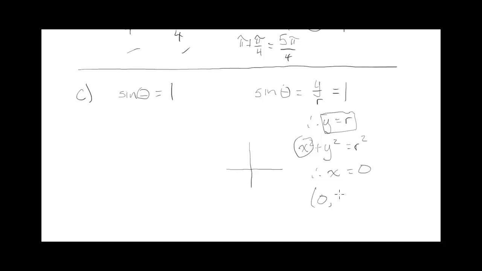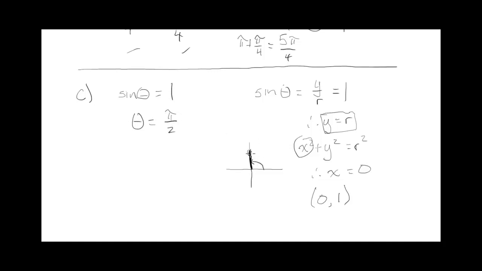It doesn't matter what you take it equal to. Let's say it was 0, 1. So the terminal arm would be here at the point 0, 1. If it was 0, 2, it would still be the same terminal arm. Here's the angle though. So the angle is pi by 2, right, a quarter of a rotation.